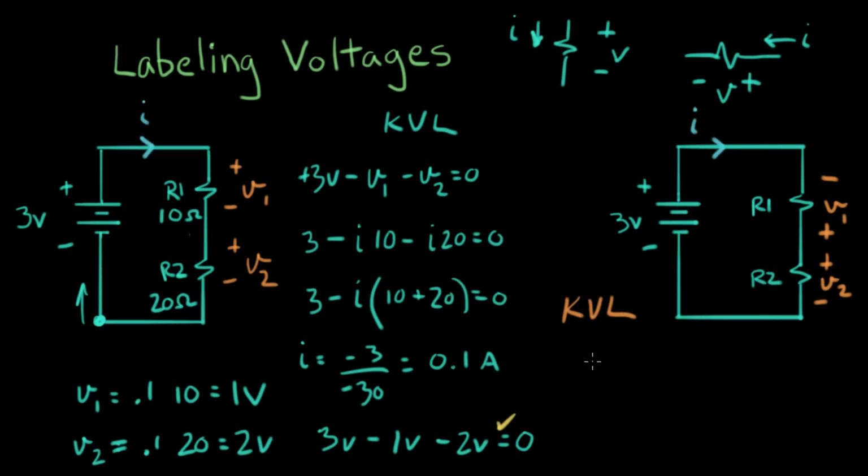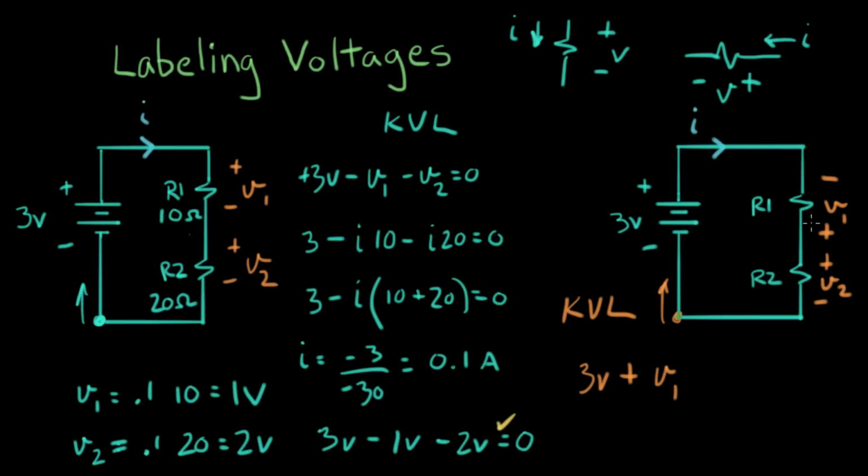All right, so KVL on this circuit says that we'll start at the same place and go around the same direction. So this says that 3 volts, voltage rise of 3 volts. We go in the minus sign and out the positive sign, so that's a voltage rise. And now we get over to R1 and we go in the minus sign of R1 and out the plus sign. So that's plus V1.